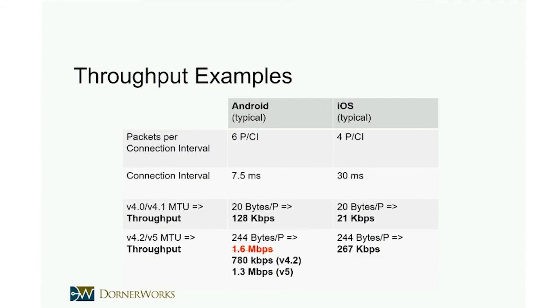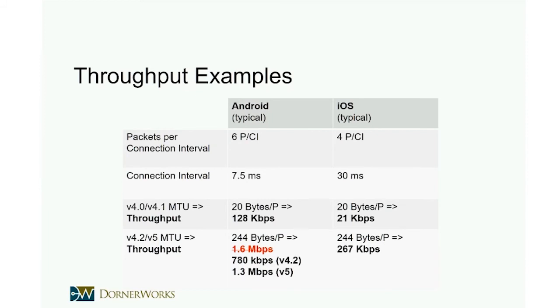Version 4.0 and version 4.1 had a maximum transfer unit size that would allow 20 bytes of actual user data per packet. So if you run through the math and say, okay, 6 packets per connection interval, 7.5 millisecond connection interval, I can get 128 kilobits a second.